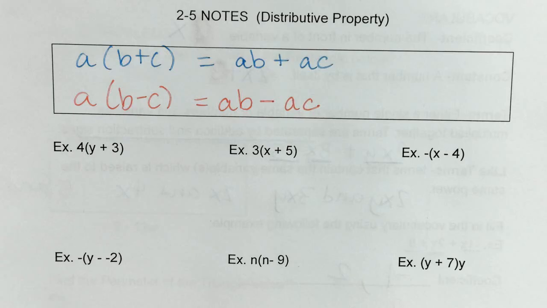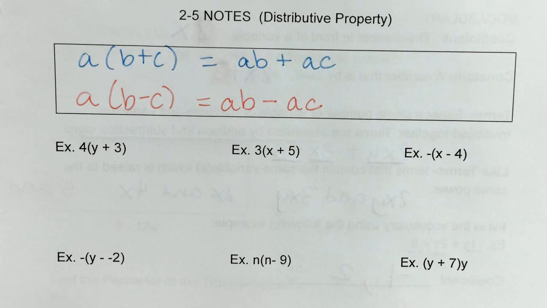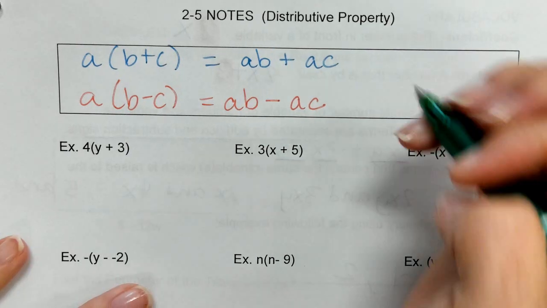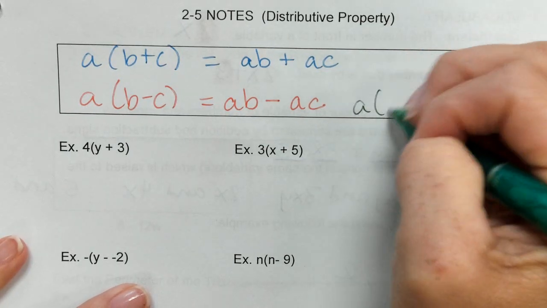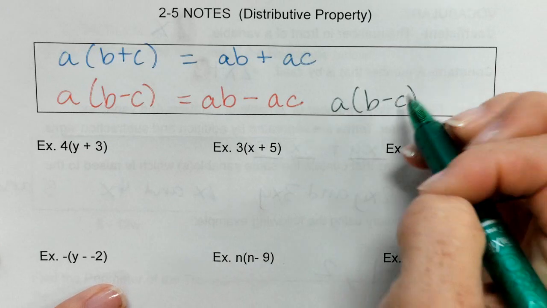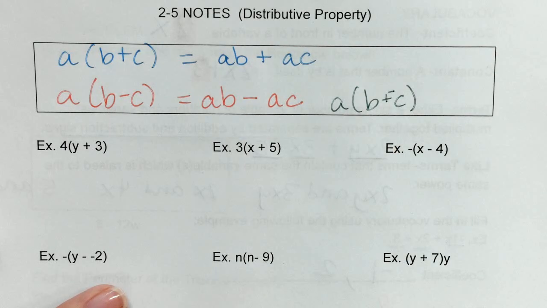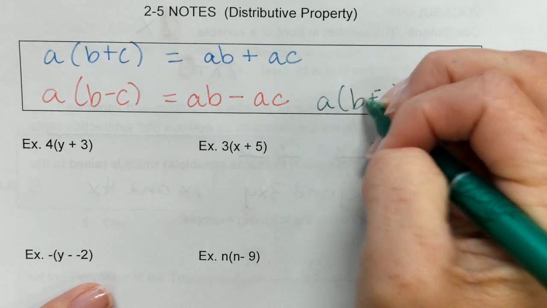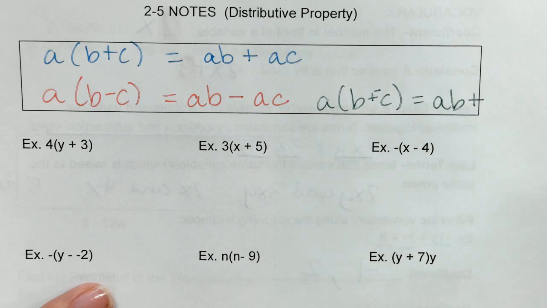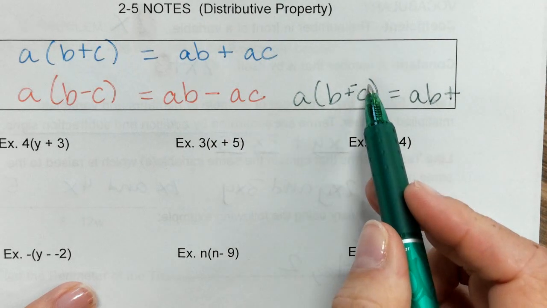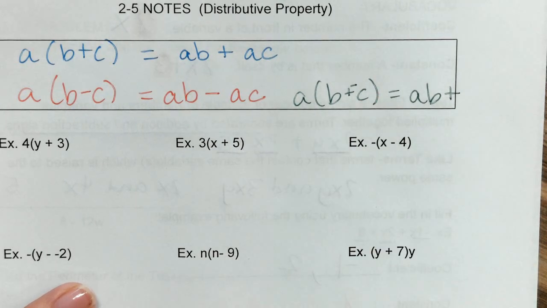Okay, and you're like, well, Miss Castro, why would I change? That was easy. You're going to see when we do some examples why you need to do it. But what we're going to do is A times (B minus C), and we're going to change. And we're going to say, okay, this is A times B, which is AB, plus A times negative C. What's a positive times a negative?